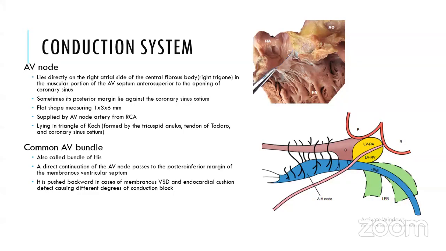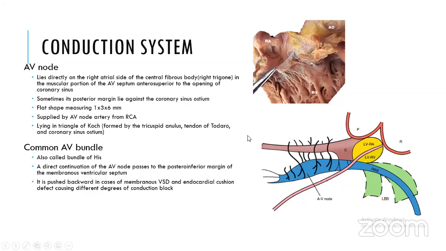Sometimes its posterior margin lies against the coronary sinus ostium. It is flat, measuring around 0.5 centimeter in diameter, and it is supplied by the AV node artery from the right coronary artery. It lies in the triangle of Koch, a landmark that was discussed before.